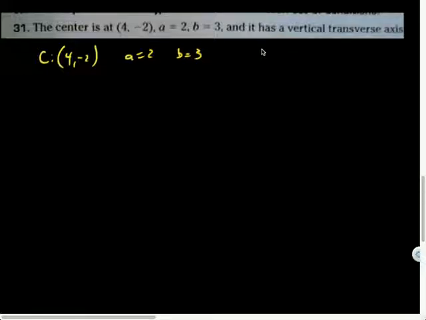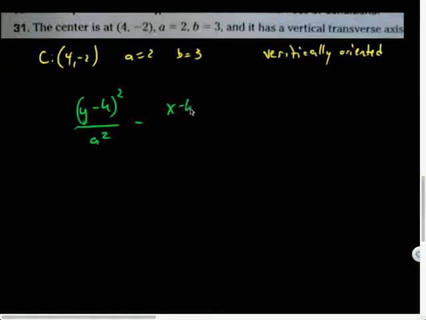The y is the positive fraction, right? So this is a vertically oriented hyperbola. So it's going to be y minus k squared over a squared minus x minus h squared over b squared equals 1 is the form that I'm plugging this into.